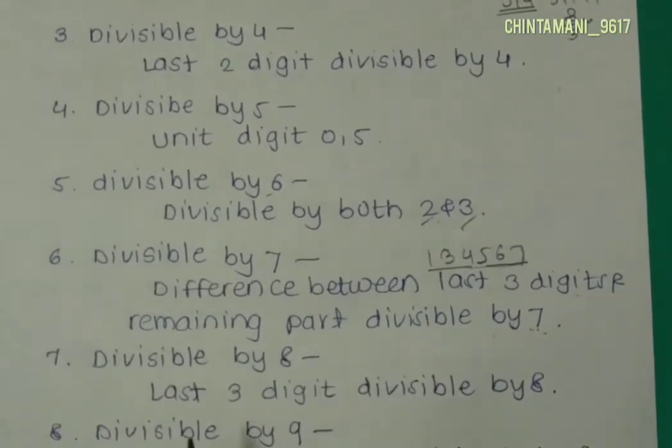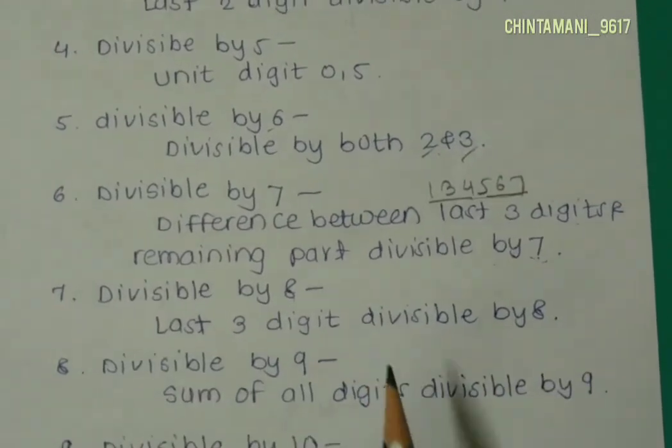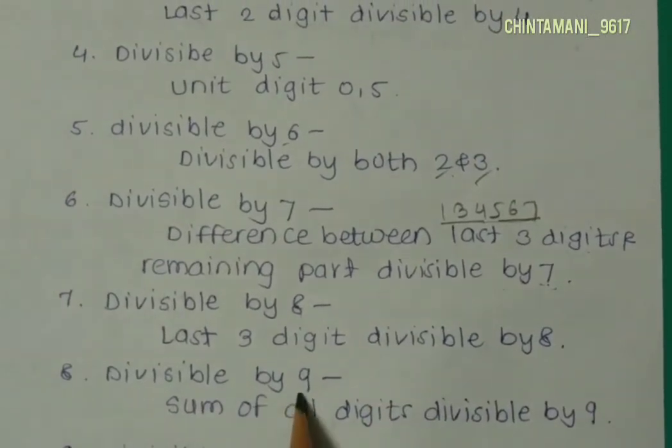Further on, for divisibility by 8, the last 3 digits must be divisible by 8. As simple as that. For divisibility by 9, the sum of all the digits must be divisible by 9.